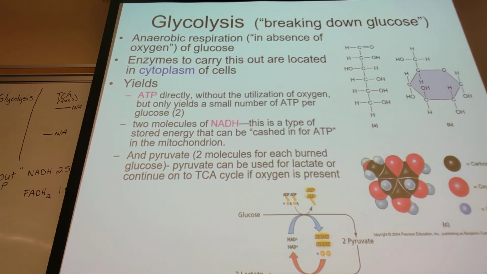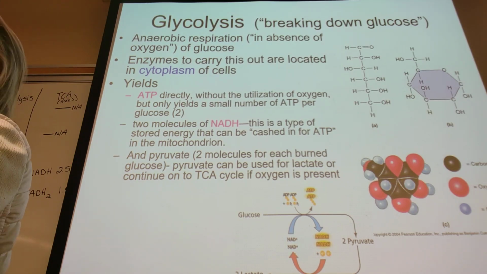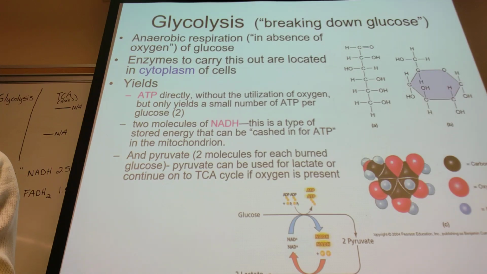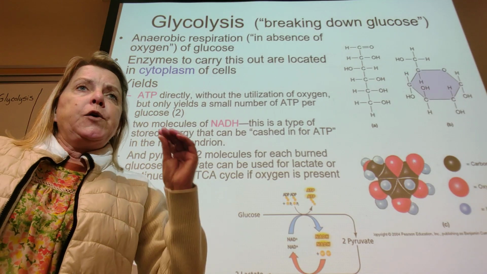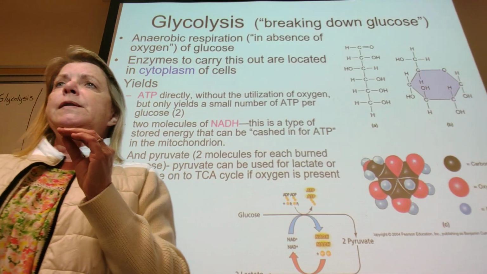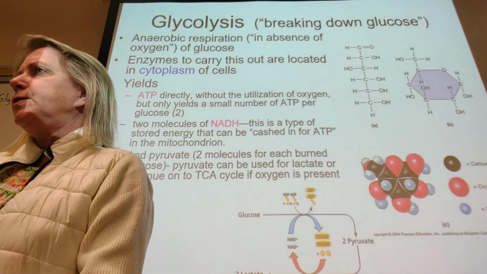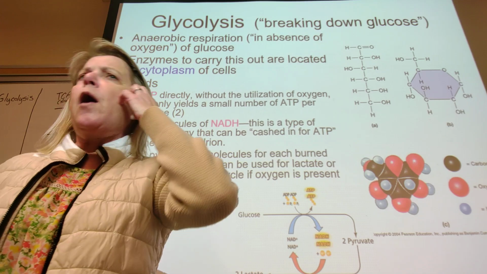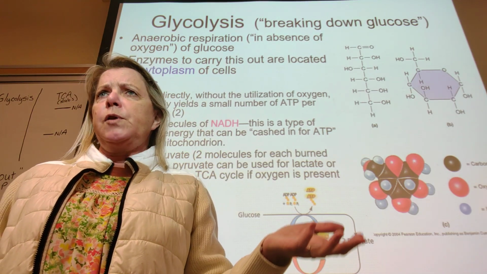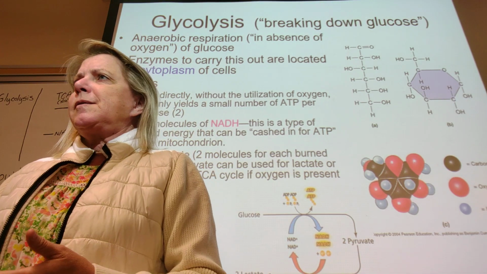So let's start our talk with glycolysis. Now, on the next slide, I'm going to show you all the steps of glycolysis. I don't want you to memorize every step. If you were in biochemistry, you would be mandated to do that. That would be part of the outcomes that they would ask you to know. Not in this class.